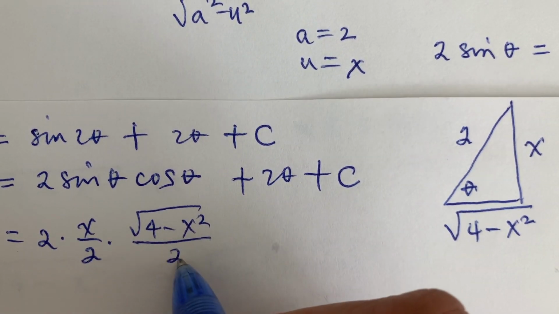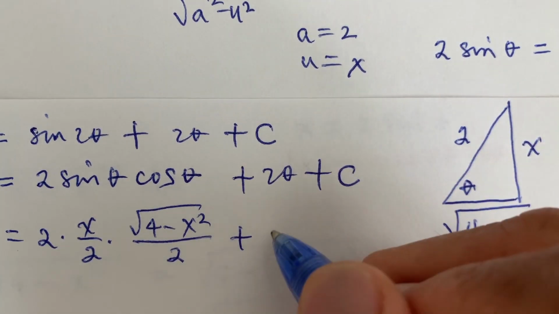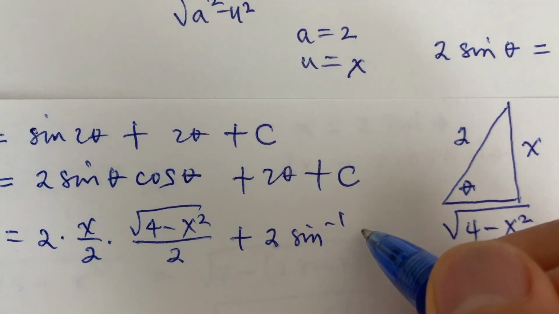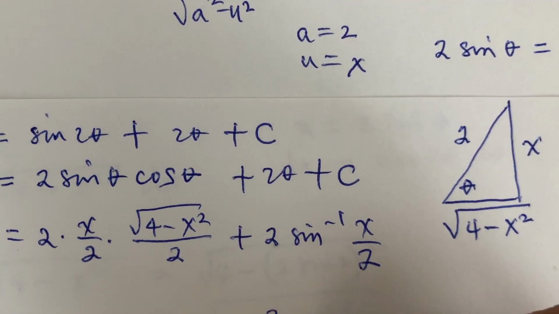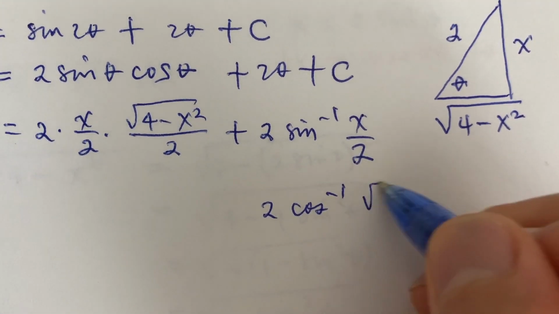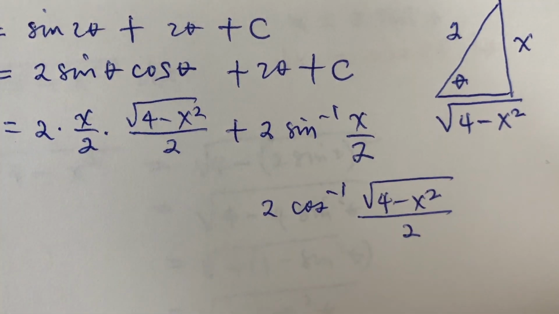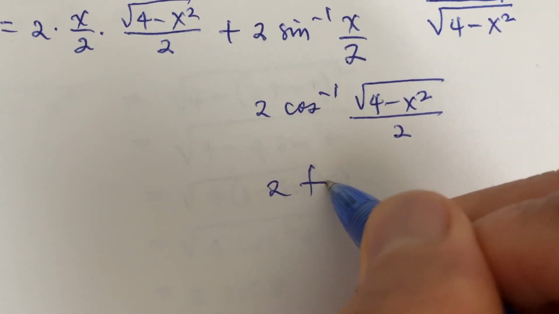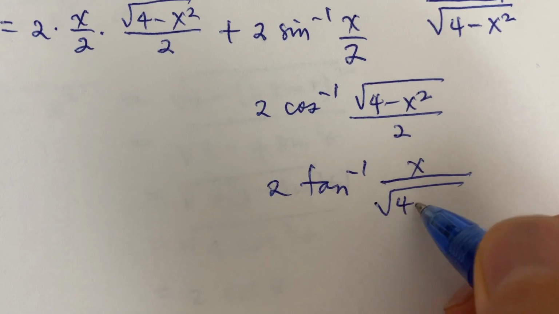I'm simply using the definition of trigonometric functions, and we will replace theta by either arcsine of x over 2, or we can use arccosine of the square root of 4 minus x squared over 2, or I can use arctangent and say x over the square root of 4 minus x squared.